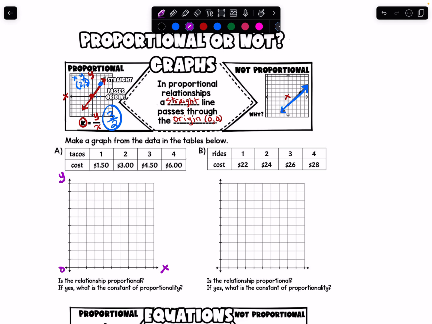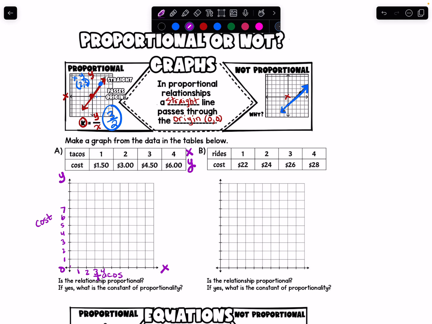I know my first set of numbers are the x's, my second set are the y's in the table, so these are going to be my tacos down here where the x-axis is, and my cost over here where my y-axis is. I'm going to count by ones for number of tacos. Remember, it has to be consistent, and I'll count by dollars going up. You just can't skip any or leave any out. It has to be consistent.